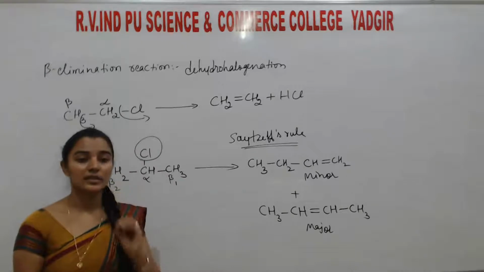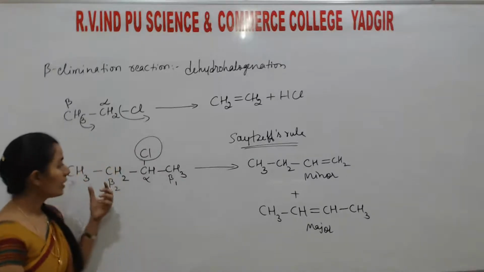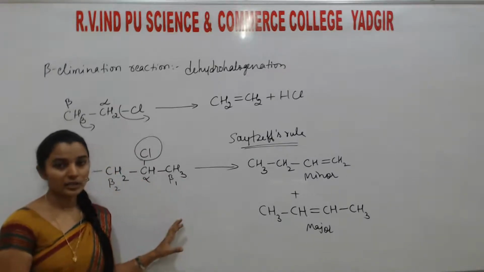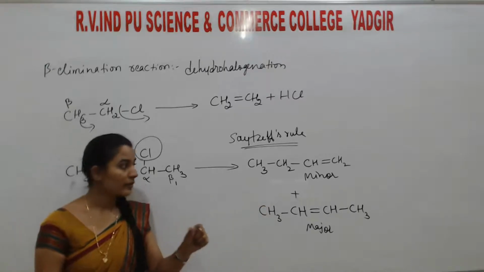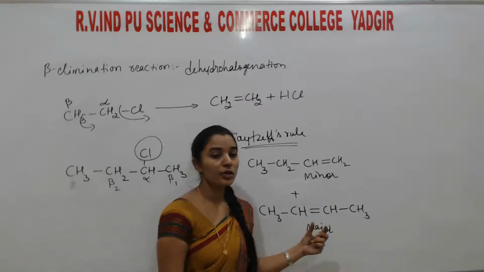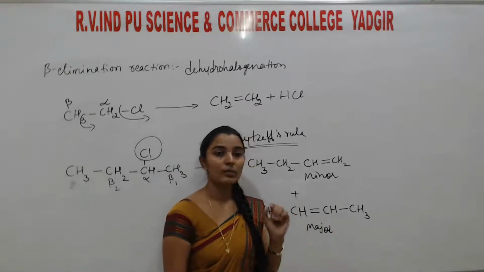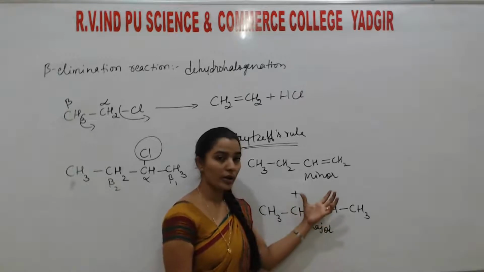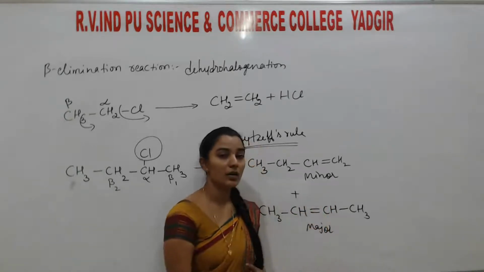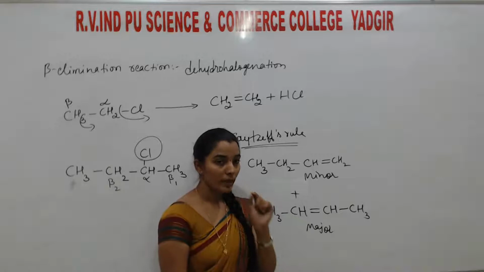Understand? What does Saytzeff's rule tell about? When a beta elimination reaction takes place, if two or more products are possible, then the most substituted product is the major product. Understood? The most substituted product on either side of the double bond is the major product.